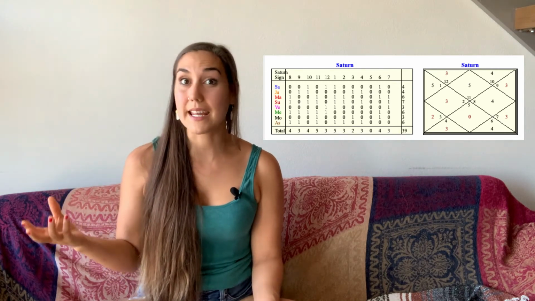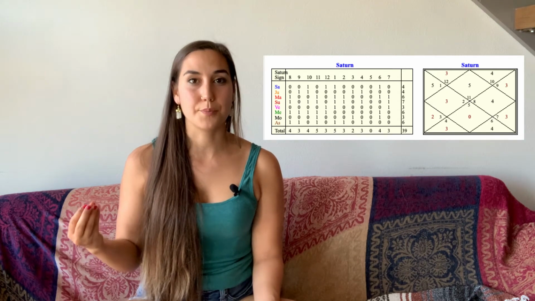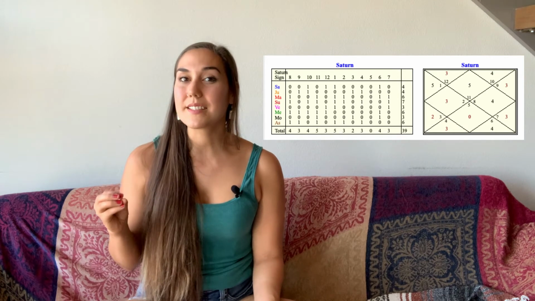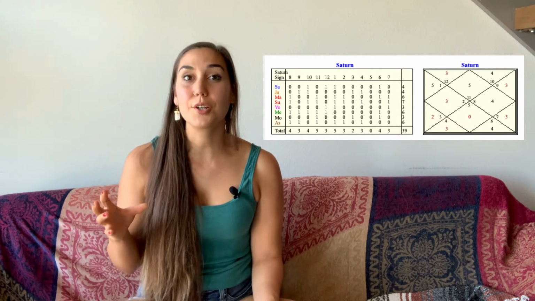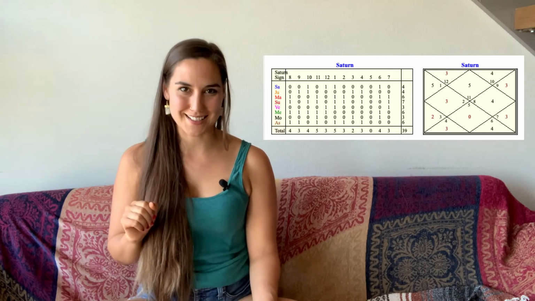If your moon is in Aries, your Sade Sati is going to be when Saturn passes through Pisces, Aries, and Taurus. So you want to see how many points are in each of those houses to determine how each 2.5 year period is going to be for your Sade Sati.